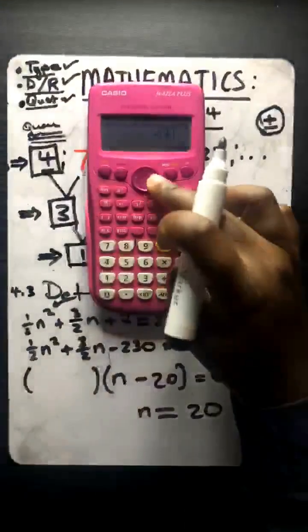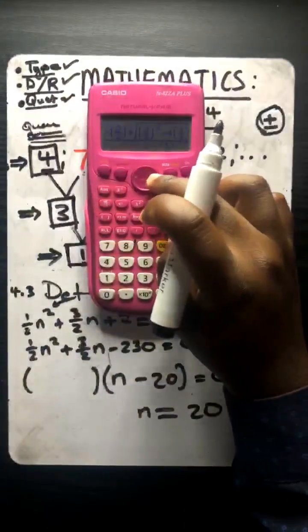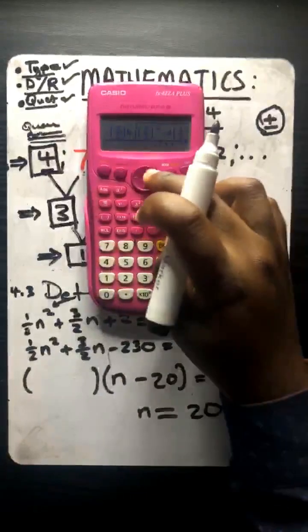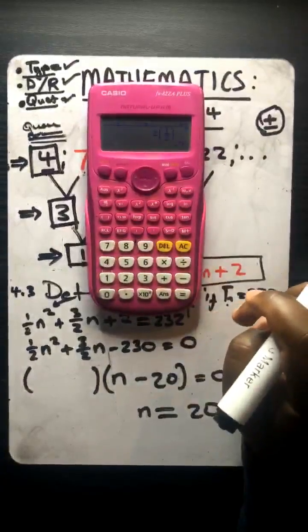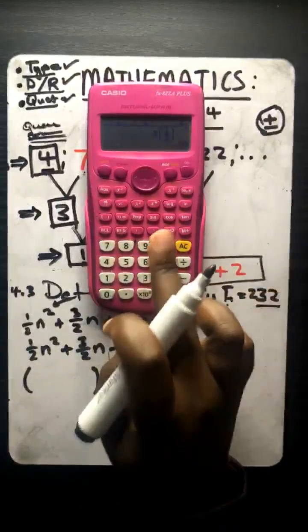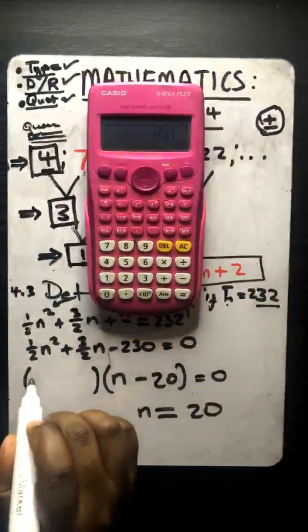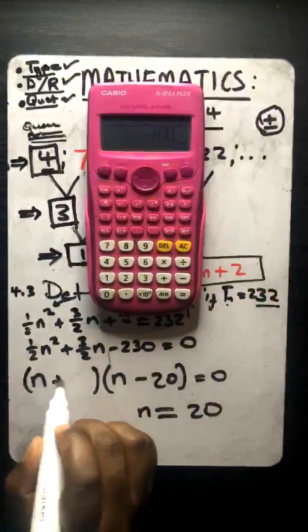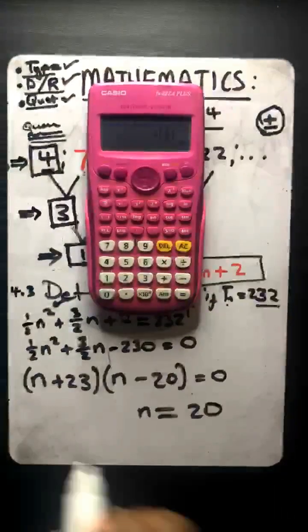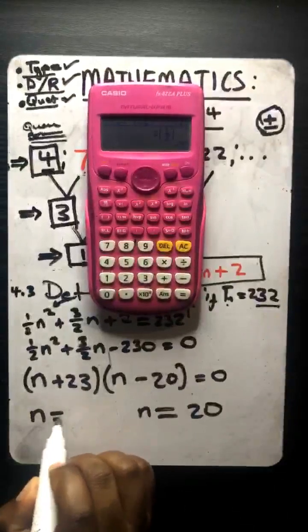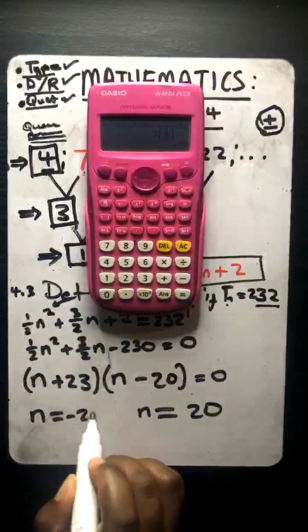Now you go there and change the sign, and put a minus there. Can you see? I'm getting negative 23. So inside the brackets, you write it as positive 23. Then you know your answer is n is equal to negative 23.